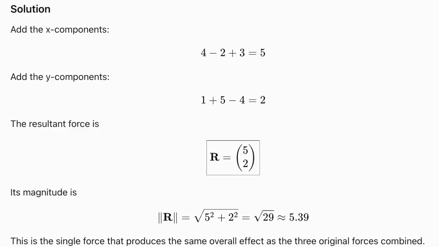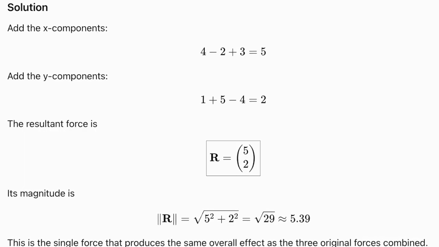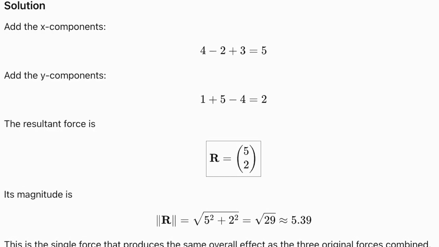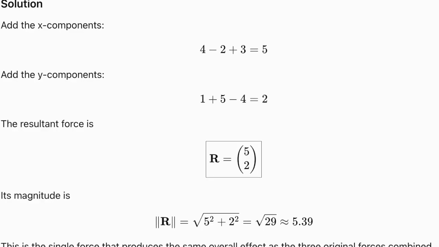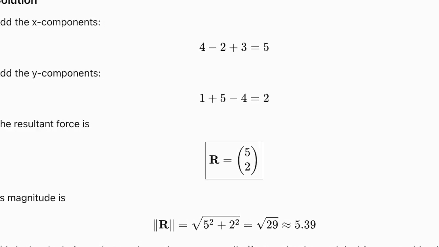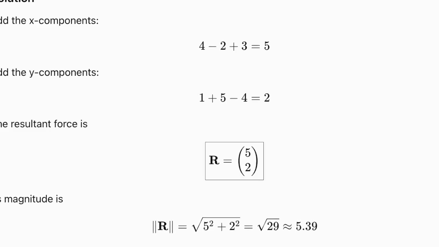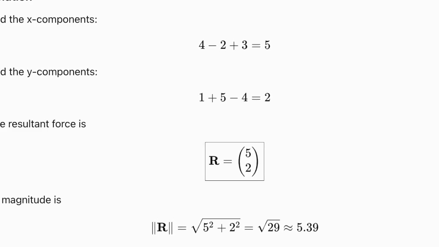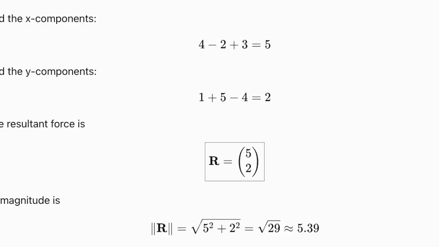The resultant force is R equals (5, 2). Its magnitude, the norm of R, is the square root of 5 squared plus 2 squared, equal to the square root of 29, approximately 5.39. This is the single force that produces the same overall effect as the three original forces combined.